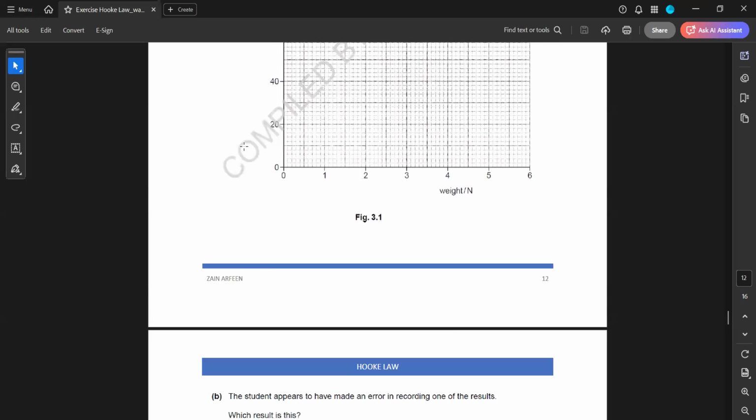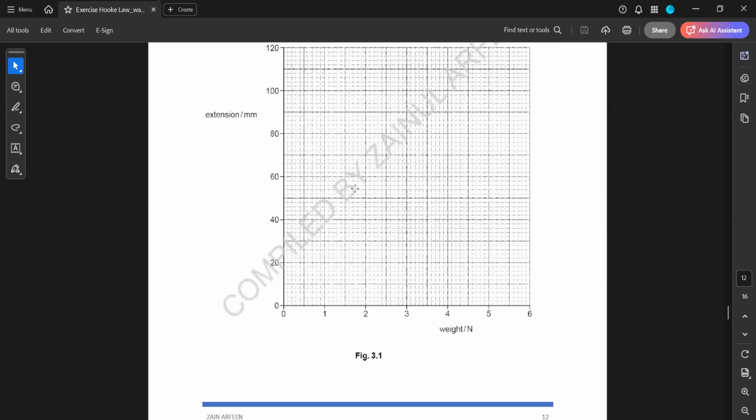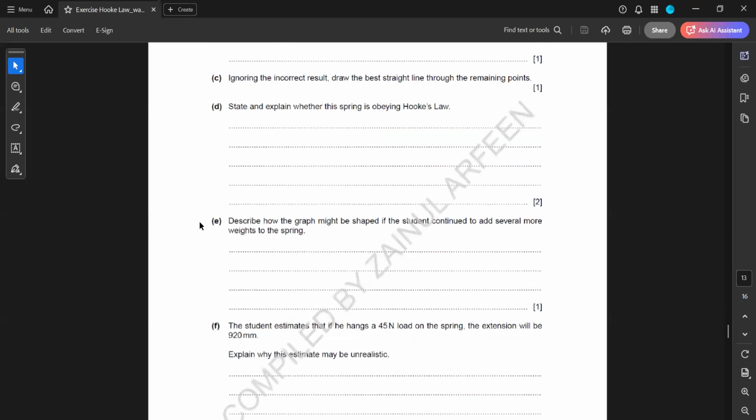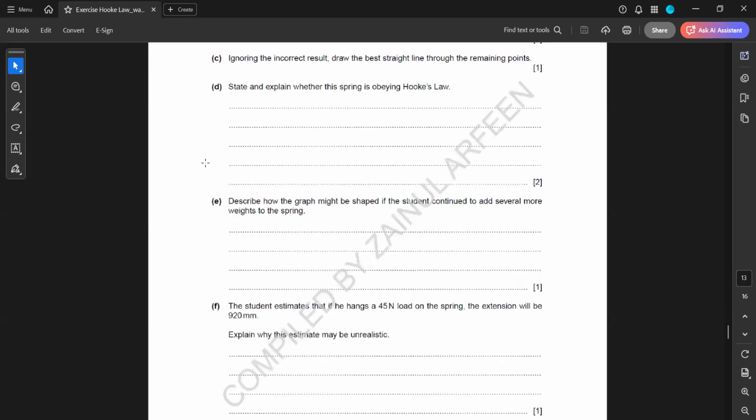You have to understand that if force and extension are directly proportional, that is Hooke's law. But you always use a reference of the graph when a graph is given. Because in this case the graph is given, the marks are for reference to the graph. If the graph was not given and they say the spring is obeying Hooke's law, then we'll say force and extension are directly proportional, or the ratio between them is constant. So when the graph is given, you have to justify from the graph. Clear, sir.